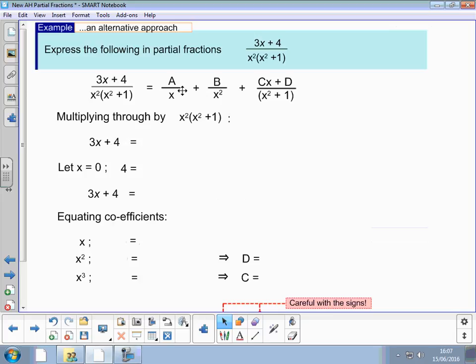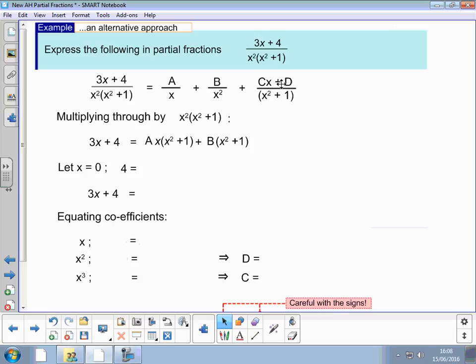And then dealing with the a term next, if we multiply this bit through by this denominator, this x on the bottom is going to cancel out one of the x squared at the beginning, so we're left with a times x squared plus 1 in brackets. Then if we look at the b term, because we have an x squared on the bottom here, it's going to be cancelled out by this x squared here, leaving us b times x squared plus 1.